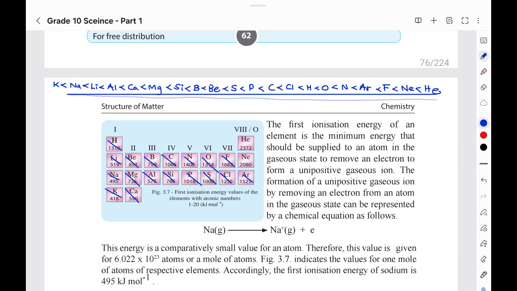In this direction, ionization energy increases.